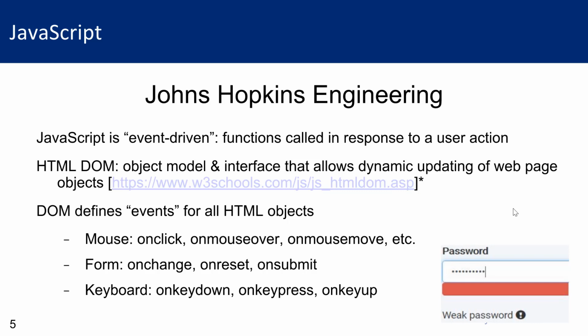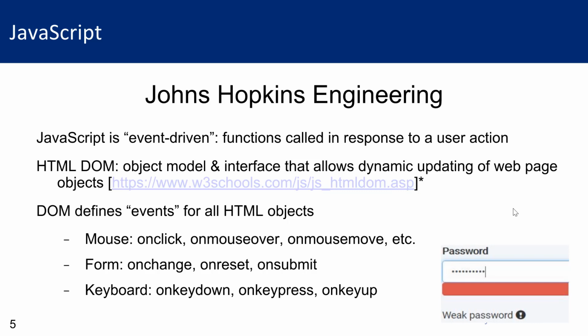Same thing on a keyboard. You can think of times, and I've raised this password strength meter again here in the lower right, onKeyDown, onKeyUp, onKeyPress, they mean exactly what you think they might. So on key press, every time you press a letter, JavaScript is going to take that letter, or take the string that you've typed, letter by letter, and go through each element in your current password.